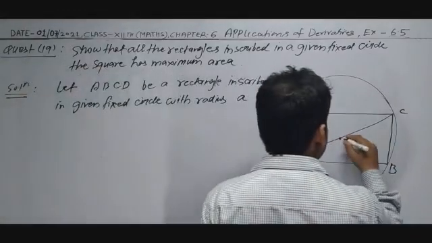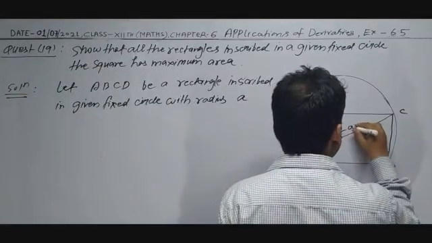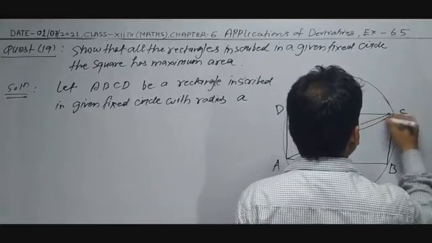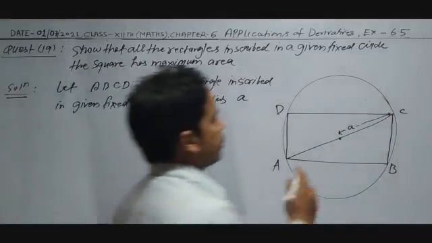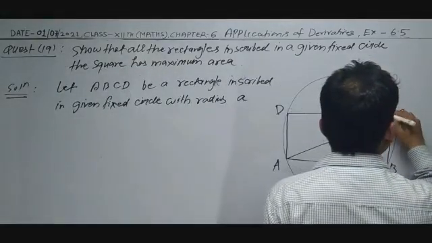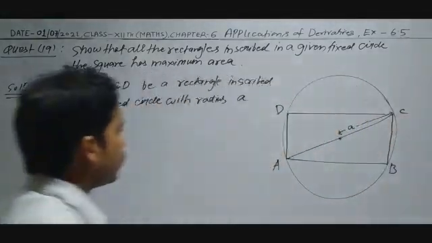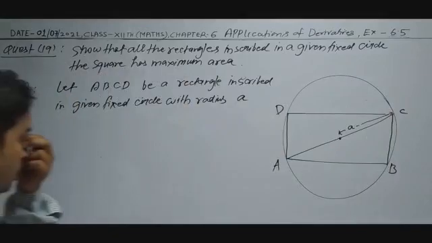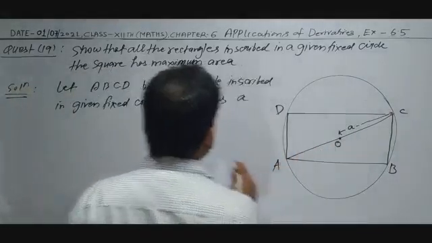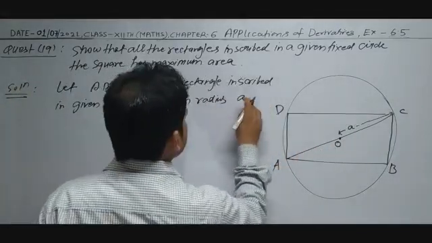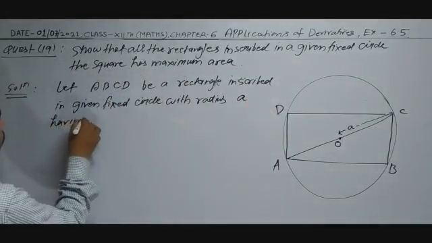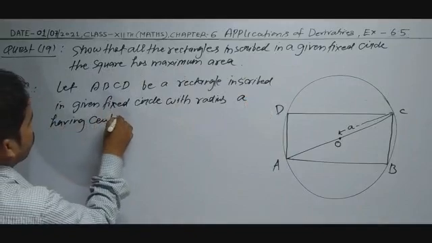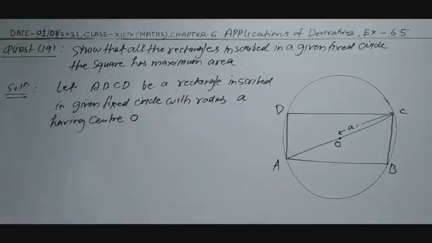So this will be the radius a. Now see, this is the center O, radius a, having center O.